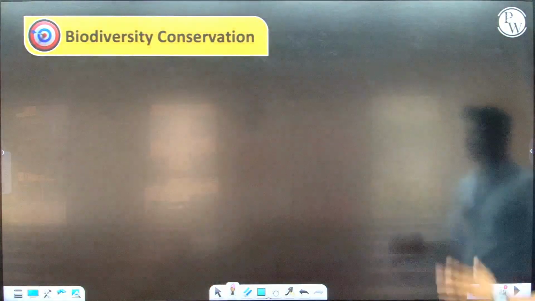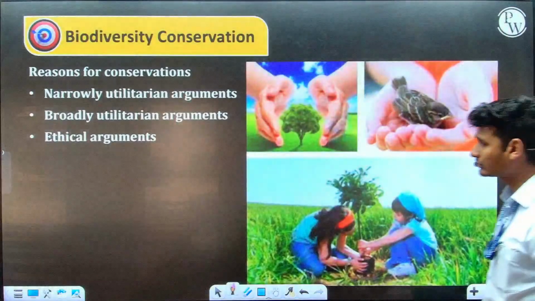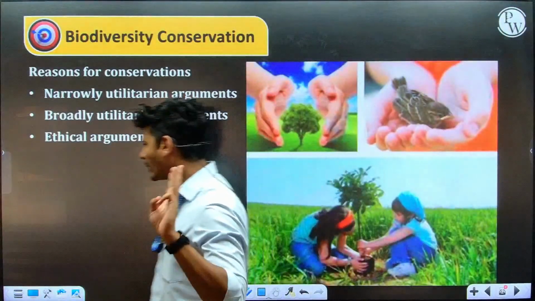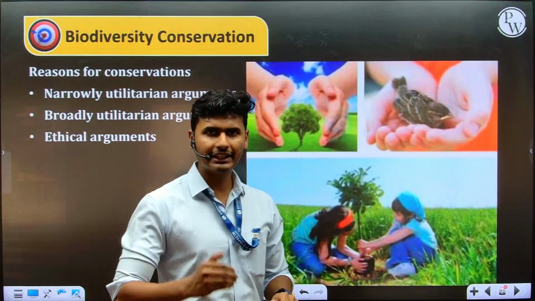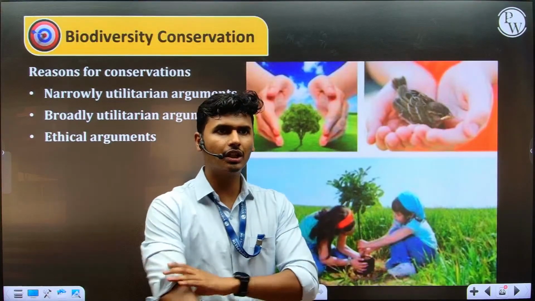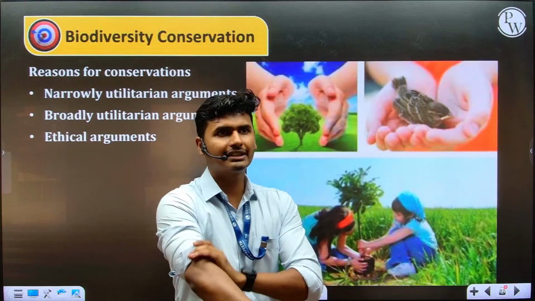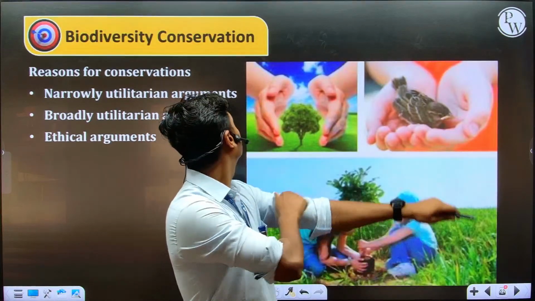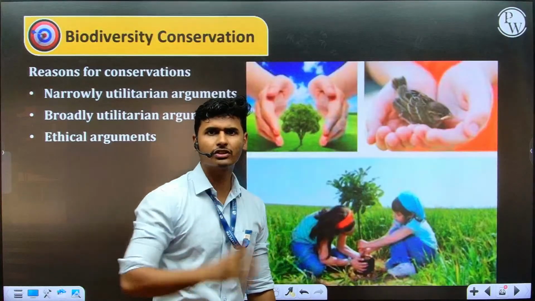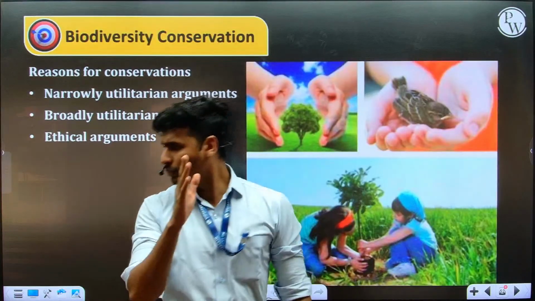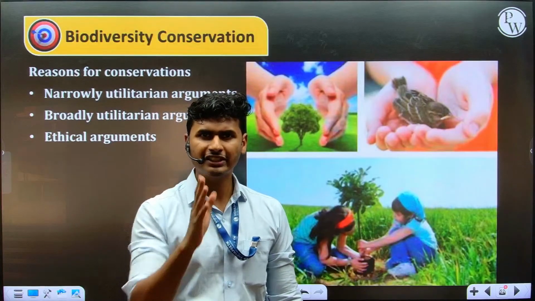Now, biodiversity conservation. There are three types of discussion we can do related to the protection of forest and biodiversity conservation. My straight away question to you: why do you want to conserve a forest?